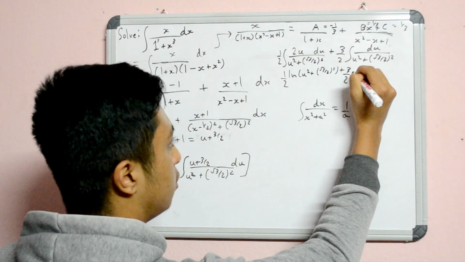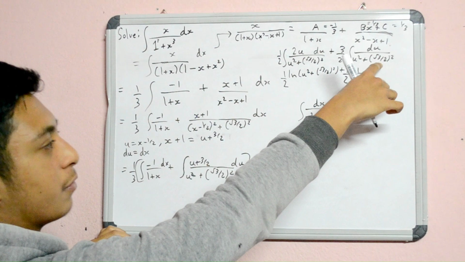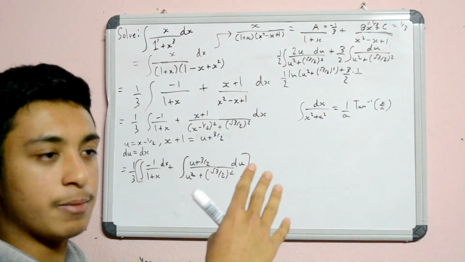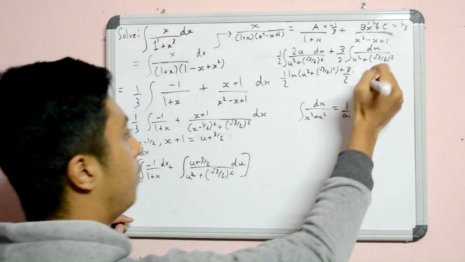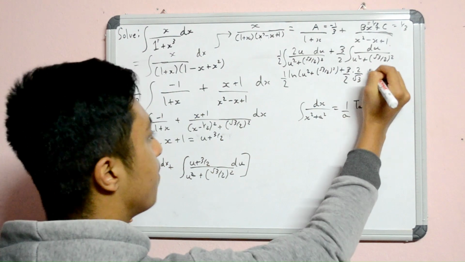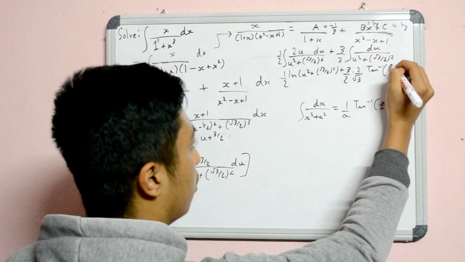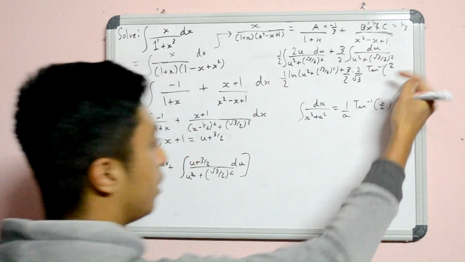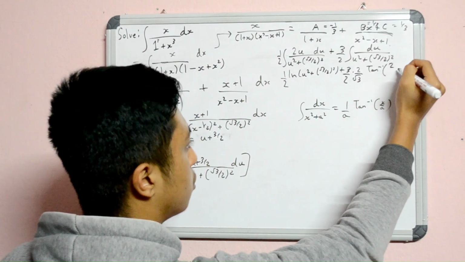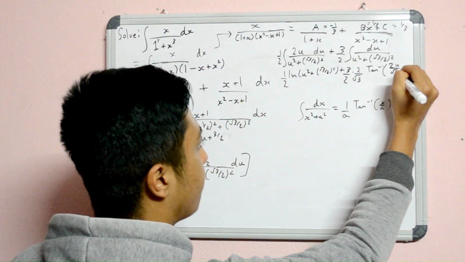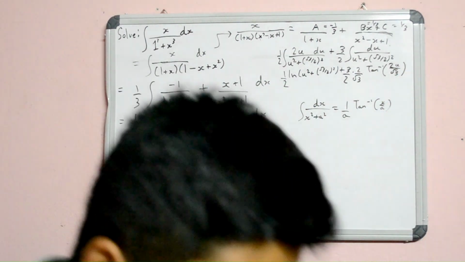So this is into 1 by a, which is our square root of 3 by 2. So 1 by square root of 3 by 2, the 2 just goes above, so this is 2 by square root of 3. Tangent inverse of, well, by is below again, so this is 2u by square root of 3, like so.